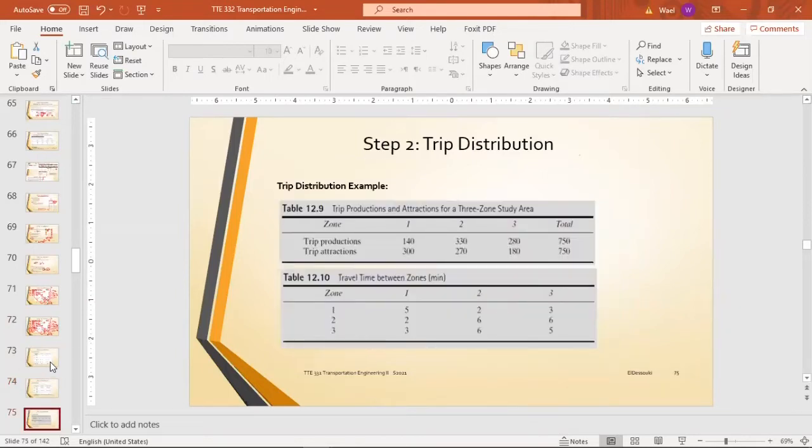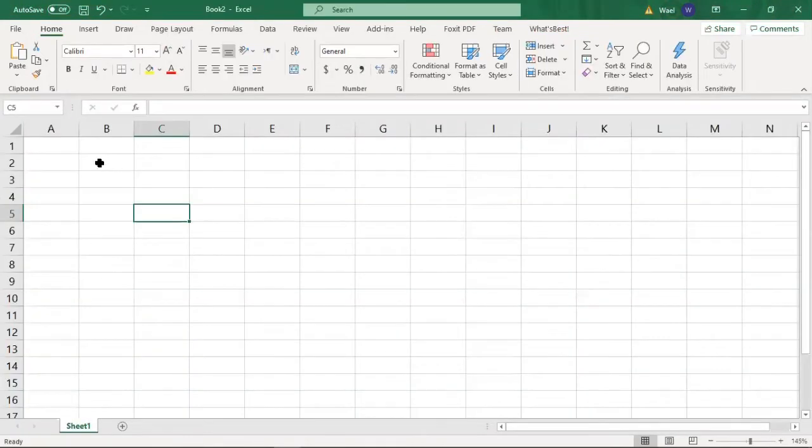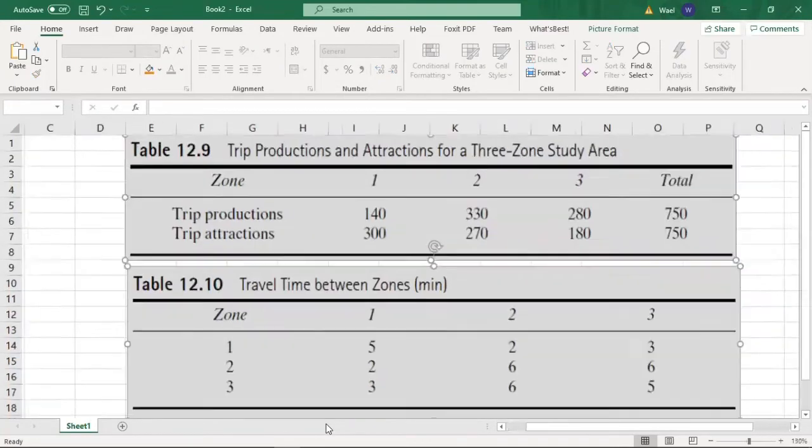Here we are going to have another example, and I'm going to solve it for you in Excel, because I'm going to show you a few differences here. Hold on with me, please. So here is the problem that we have.